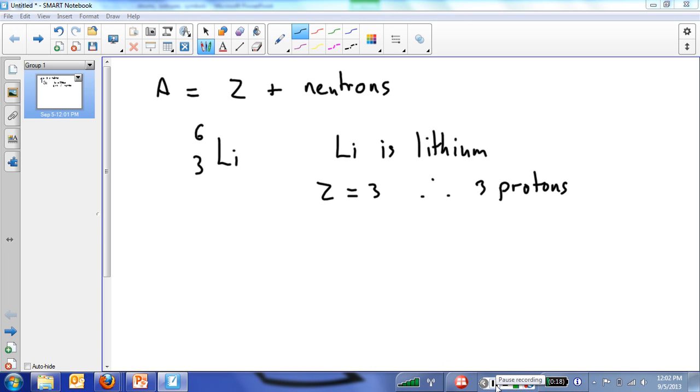Since the mass number A is 6, then we can say that the number of neutrons is 3 in the nucleus.